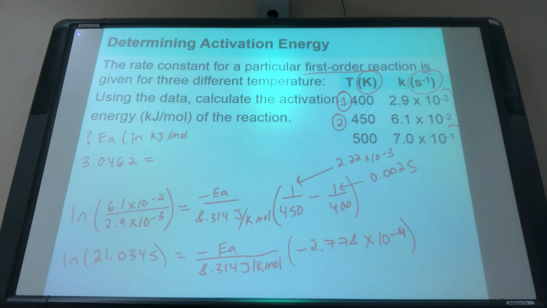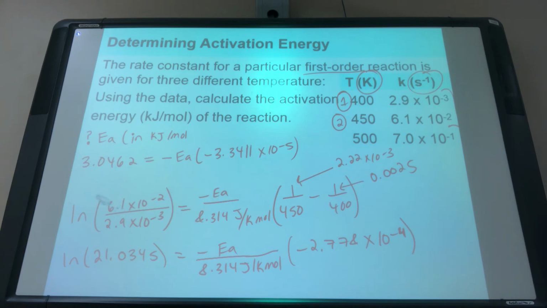Then we can do this divided by this. So let's do negative 2.778 times 10 to the negative 4 divided by our 8.314. And that's going to give you negative 3.3411 times 10 to the negative 5.